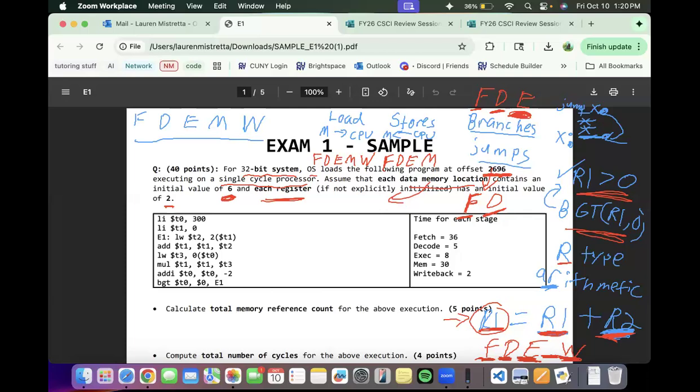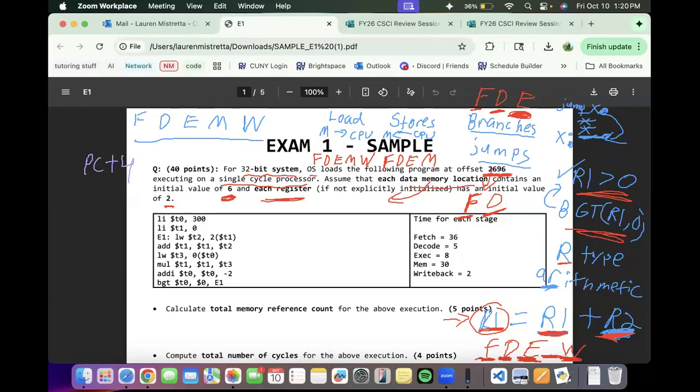Well, first things first, we know it's on a 32-bit system. And if you remember from class, every single time that we go from one instruction to another, we have to change our program counter, our PC. And usually the default is always PC plus 4. You've probably heard the professor say PC plus 4 about 100 times.